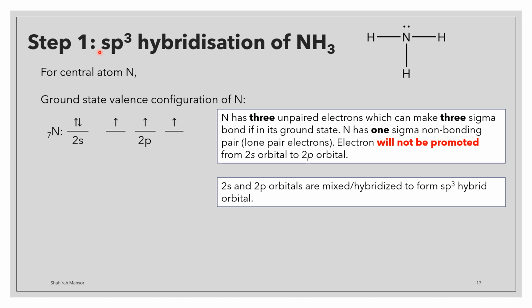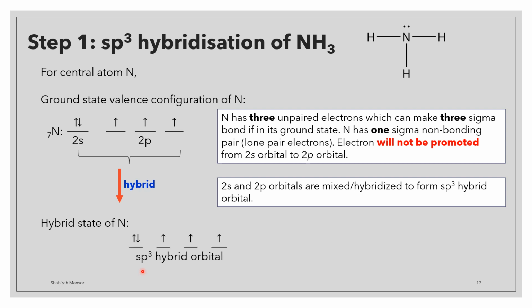So since we know that nitrogen will have sp3 hybrid orbital, what we can do is we are going to mix 2s and all 2p orbitals in order to form sp3 hybrid orbital. Ingat semula, sp3 hybrid orbital terbentuk apabila kita campurkan 1s dengan 3p orbitals. So by mixing all of this atomic orbital, maka kita akan dapat hybrid state of nitrogen sebagai sp3 hybrid orbital.